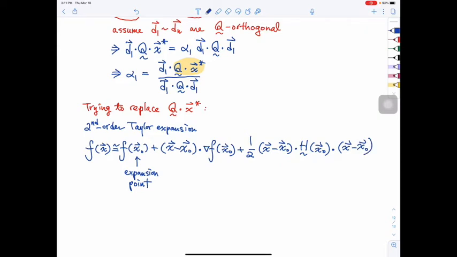This is your second order Taylor expansion. I think it's very important to memorize the second order Taylor expansion for optimization, because it is the most fundamental equation for lots of methods. So as an optimization engineer, please, if you can, try to memorize it.